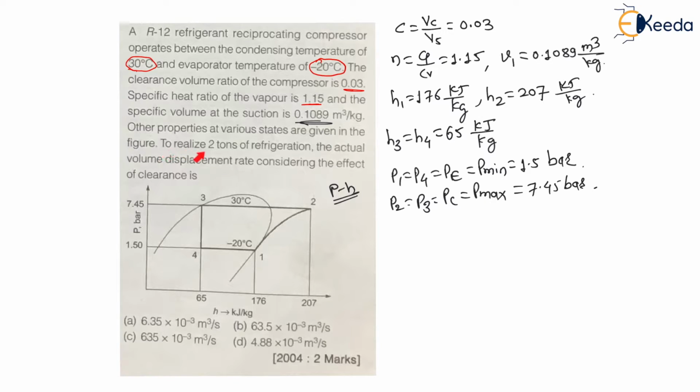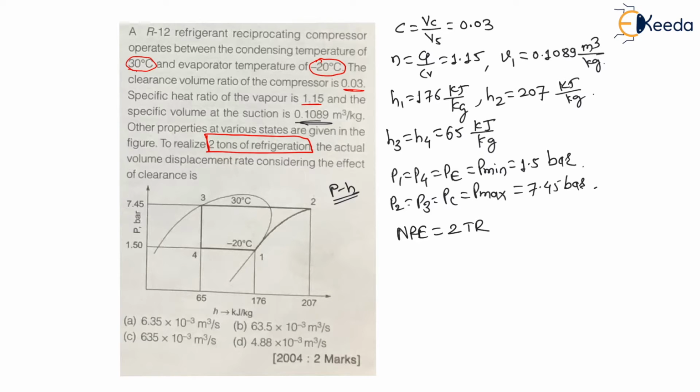Now, to realize 2 tons of refrigeration, the meaning of this statement is that they have provided the net refrigerating effect equal to 2 tons of refrigeration. Then the actual volume displacement rate considering the effect of clearance is asked.